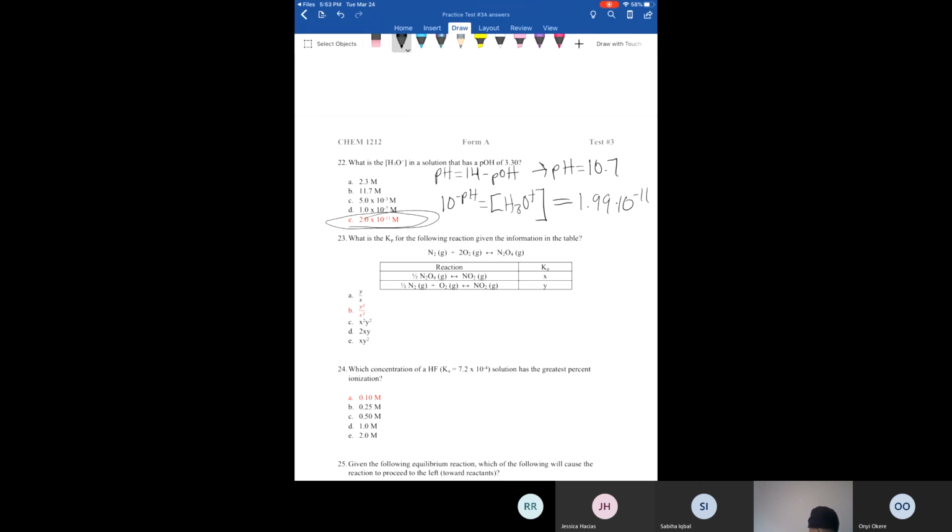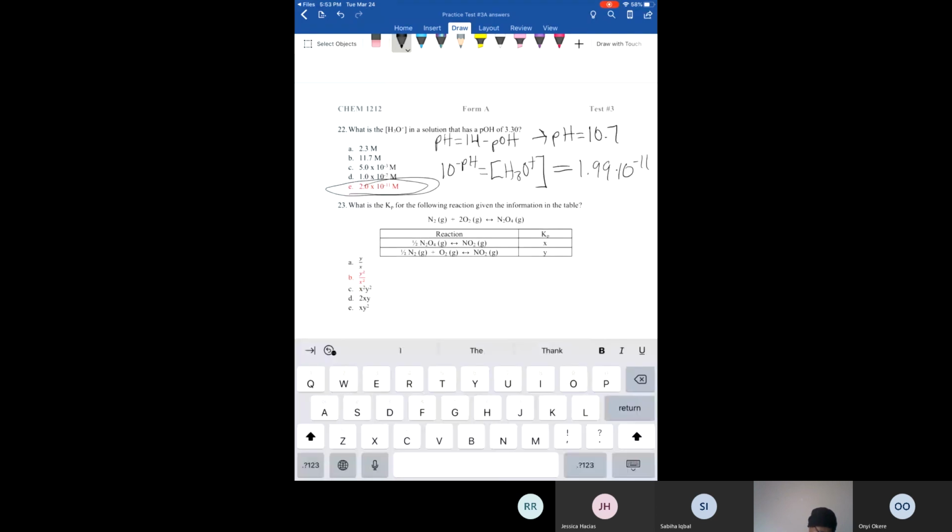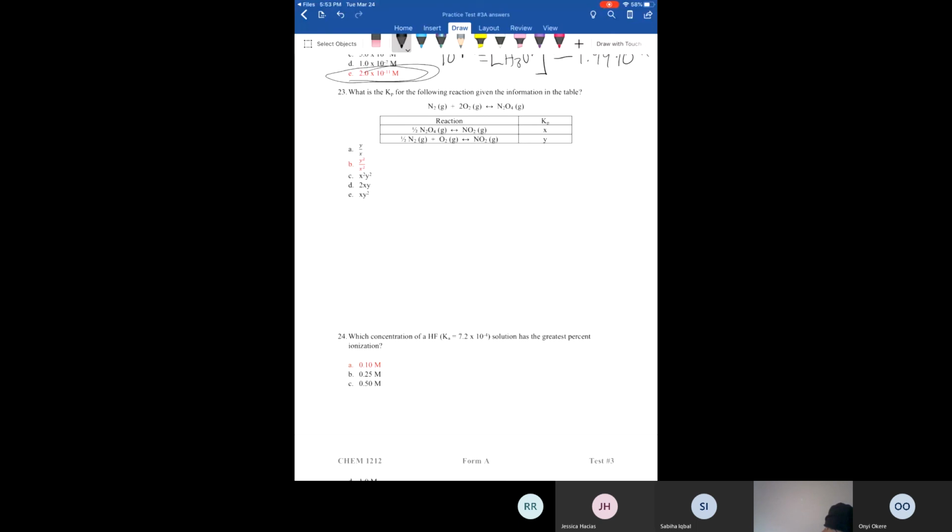So this reaction here, pretty much what you want to do is get this reaction. This is kind of your Hess's law kind of stuff. Looking at all this, you have everything here where you want it to be.